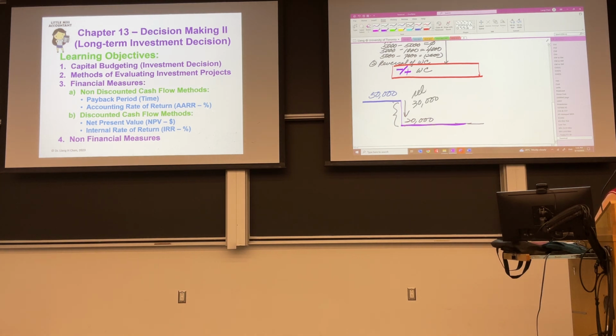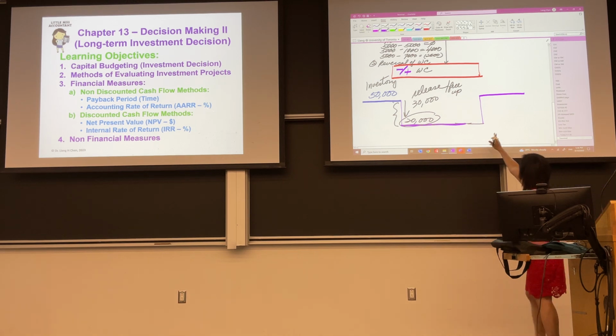So this is to save inventory, 30,000. This is called release inventory. I don't need to keep 50,000 inventory. I only need to keep 20,000. So I can release, I can free up. Positive. But when I finish the project, go back to original. That's why it's reversal.